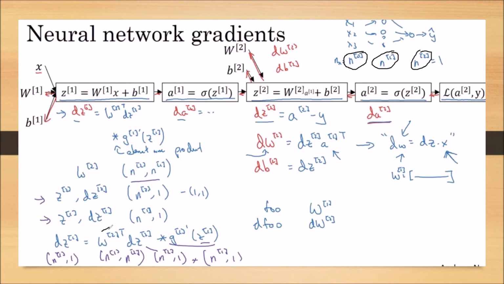The dimensions of W2 are N2 comma N1, where N2 is the number of units in the last layer and N1 is the number of units in the first hidden layer. Because we are transposing it, it becomes N1 by N2. Now we already know what dz is. When we multiply with the g prime, the resultant is an N1 by 1 matrix.